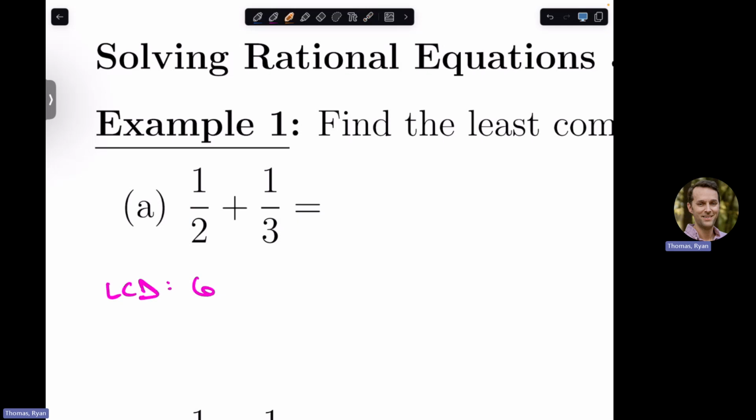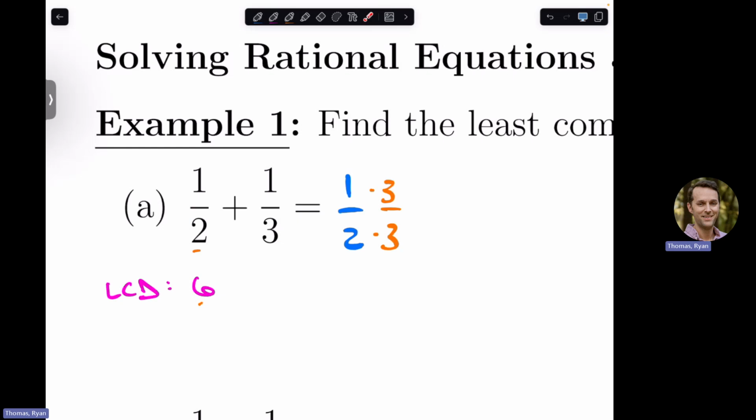So to get from 2 to 6, what do we need to do? Multiply by 3. So we take the fractions that we have, we multiply by whatever's missing to take it up to that common denominator. But to avoid changing the value of things, we do it on top and bottom so that this is just a different way of writing 1, right? You're always allowed to multiply by 1.